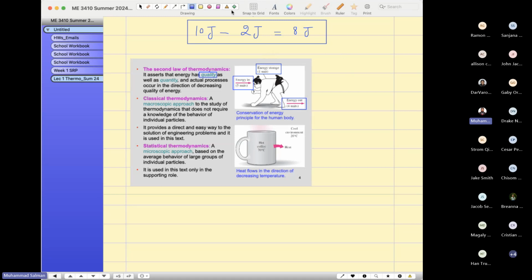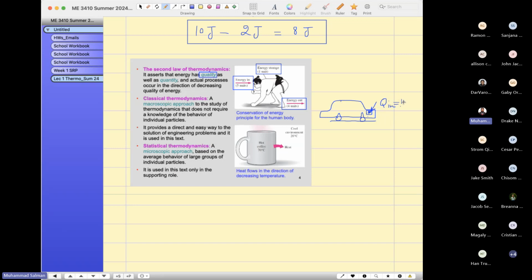Let me give you an example from our daily life. Everybody has a car. Suppose this is the front, and the engine is here. The fuel, the gas, burns here, and the heat is being supplied here.